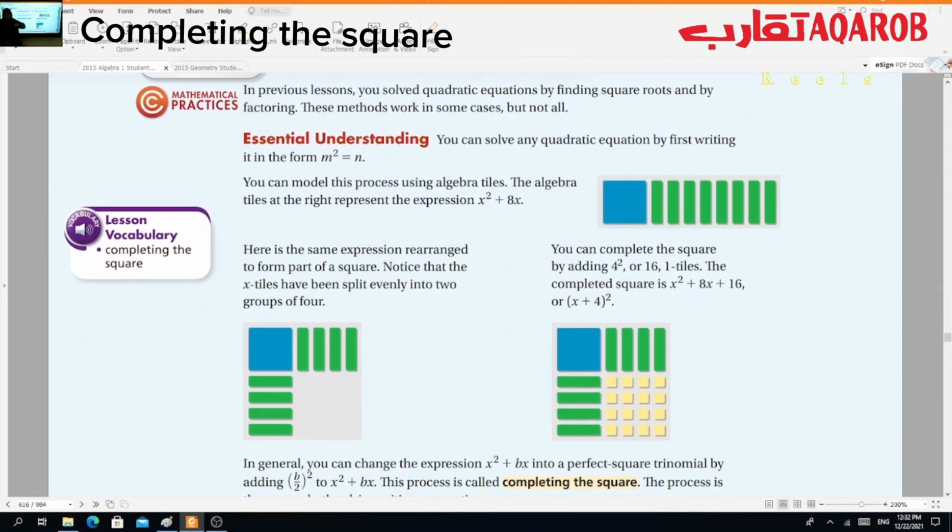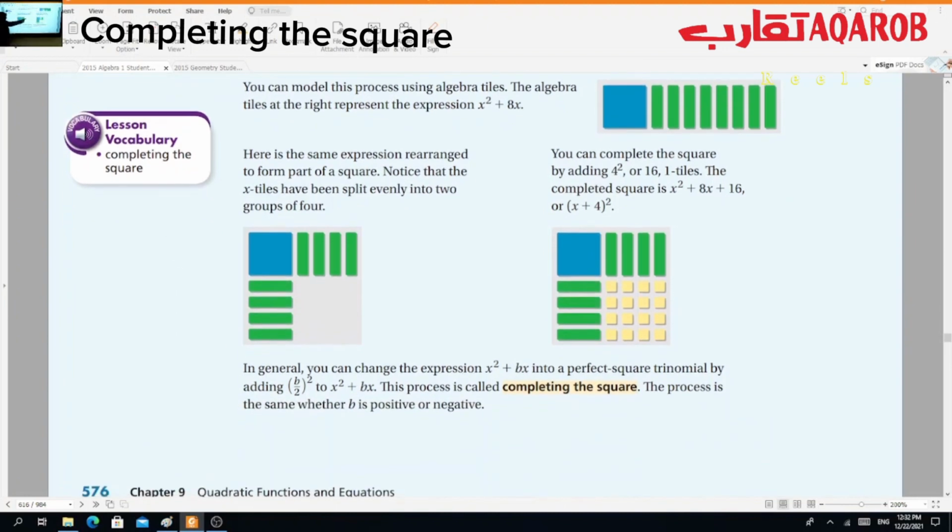Now let's remember together what algebra tiles are. This is algebra tiles. This represents x squared plus 8x. This could be reformed like this by making it a square, and dividing 8x into 4x horizontally and 4x vertically.